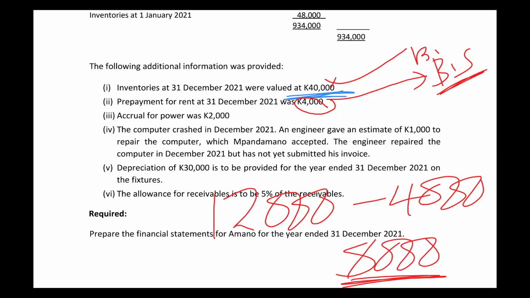So how do you treat the accrued expenses? It goes in the balance sheet as a current liability. Yes, the accrued expenses go under current liabilities in the balance sheet. What else do you do with them?